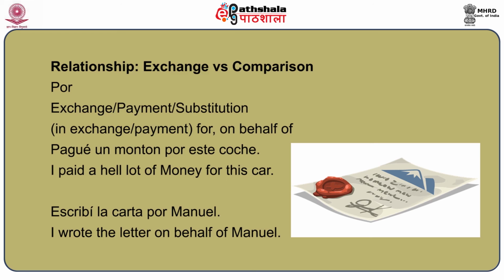Pagué un montón por este coche. I paid a hell of a lot of money for this car. Escribí la carta por Manuel. I wrote the letter on behalf of Manuel.